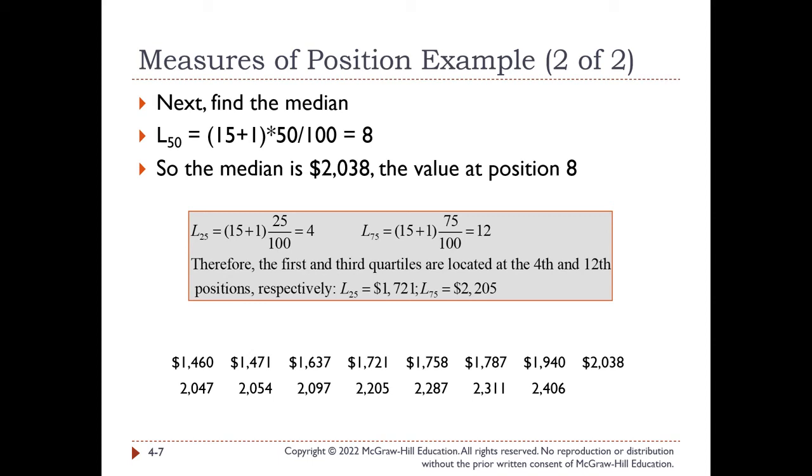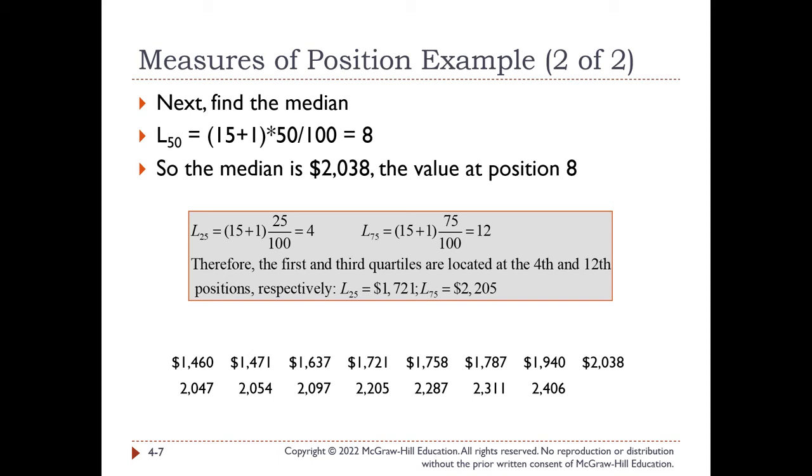So they take 15 plus 1, which, again, 15 is how many numbers we have, so it equals 16, and multiply by 50 divided by 100, which is basically 1/2. So that's 0.5, which will make it 8.